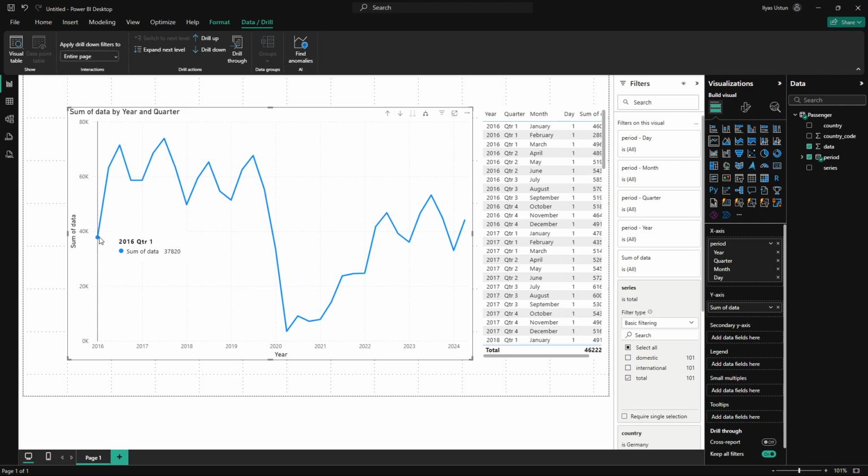This is 2016 quarter one, 2016 quarter two, quarter three, four, and then we jump to 2017 quarter one, and so on. You see that drop in 2019, and then slowly an increase after that in 2020 and 2021 and so on. So this is quarterly data.